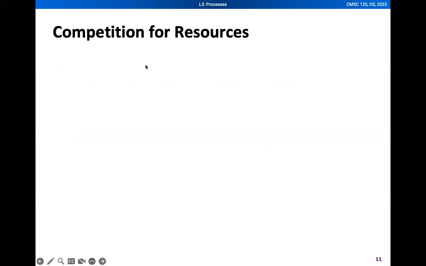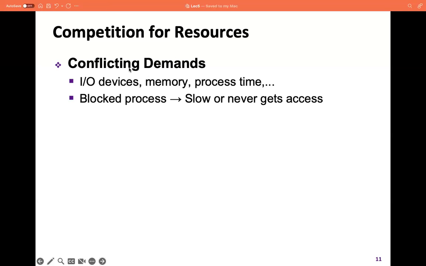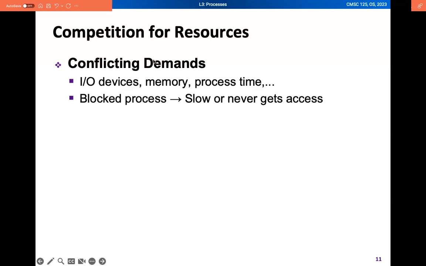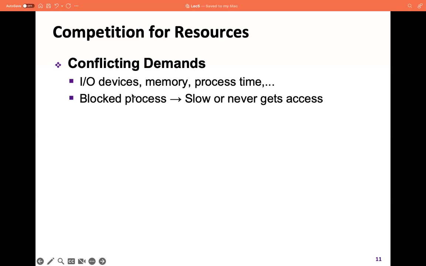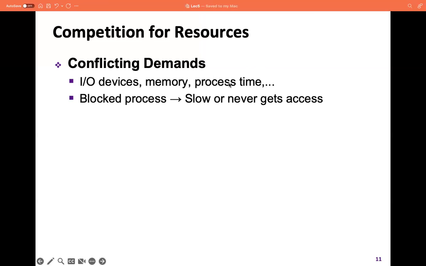And what about competition for resources? With competition for resources, there are conflicting demands. There is a demand for the use of I/O devices, or the memory, or the processor time, right?